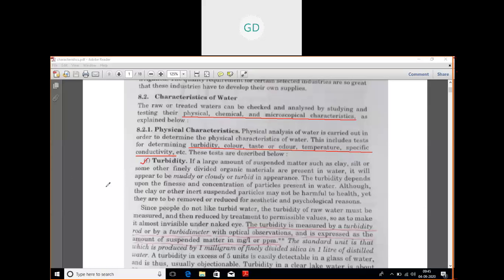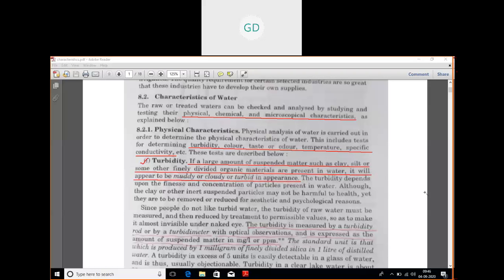That is known as turbid. If a large amount of suspended matter such as clay, silt, or some other finely divided organic materials are present in water, it will appear to be muddy, cloudy, or turbid in appearance.